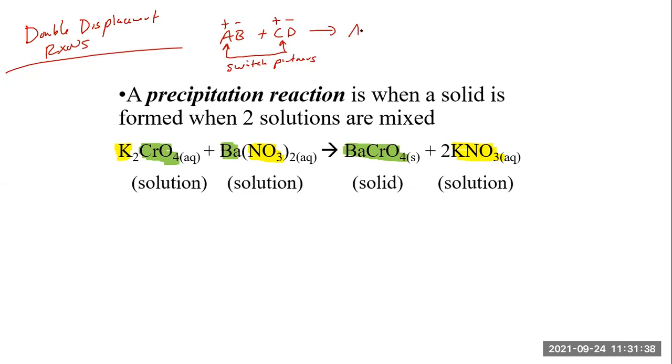The result of that is you make two new ionic compounds. And that's your big umbrella of reactions. Underneath these, as we will see right now, are what are sometimes referred to as precipitation reactions, where some type of solid forms, and acid-base reactions.